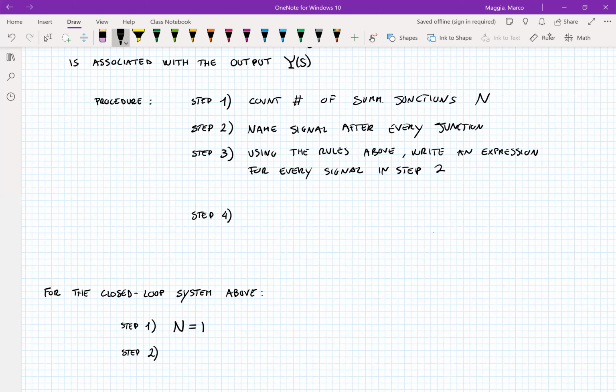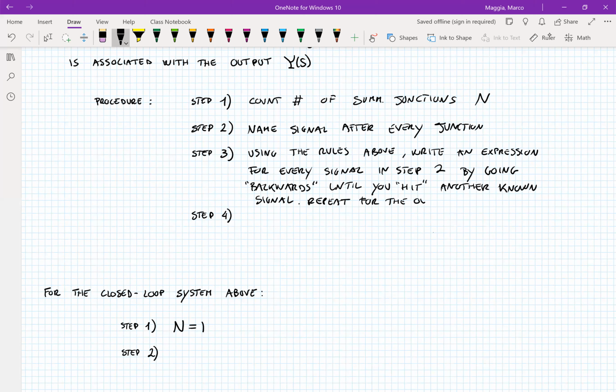So in this case, E of S, by going backwards until you hit another known signal, and then repeat for the output. So you do the same thing for the output.